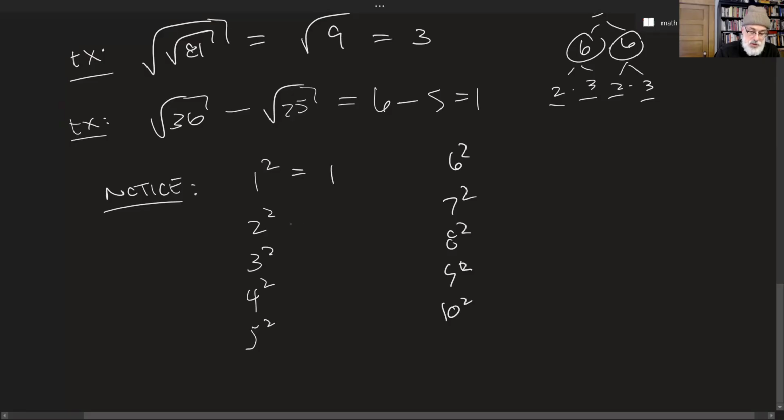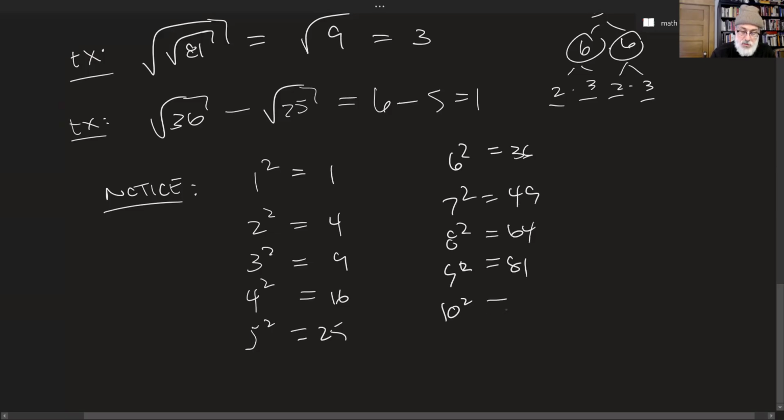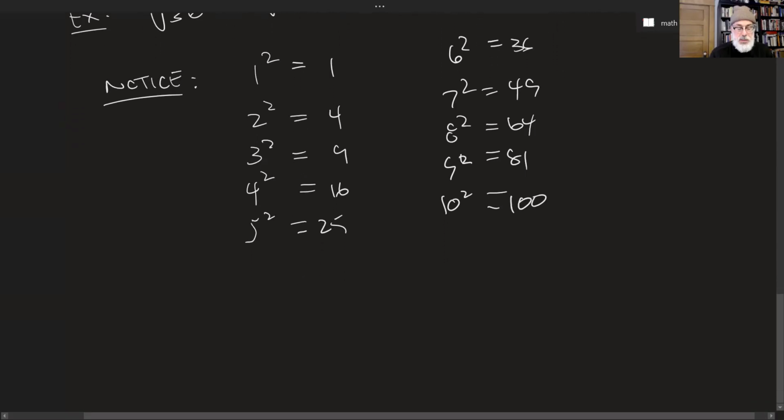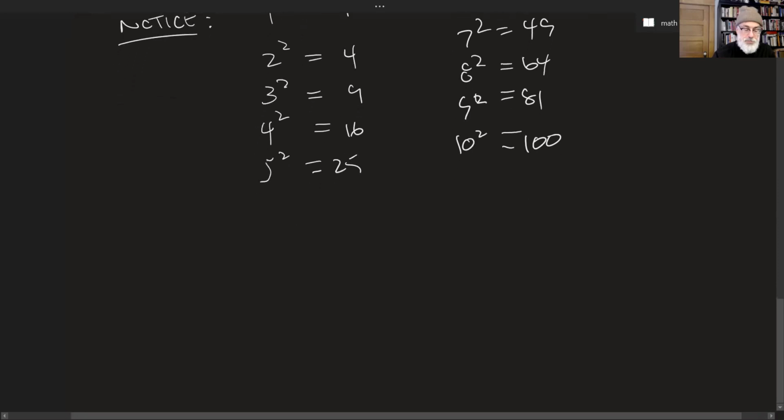So 1 squared is 1, 2 squared is 4, 3 squared is 9, 16, 25, 36, 49, 64, 81, 100. The integers from 1 to 10 squared, the results, are called perfect squares.